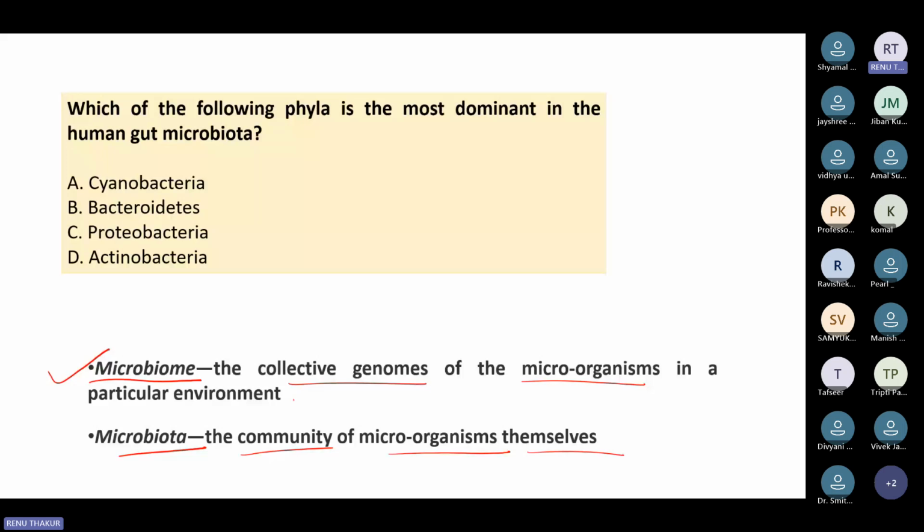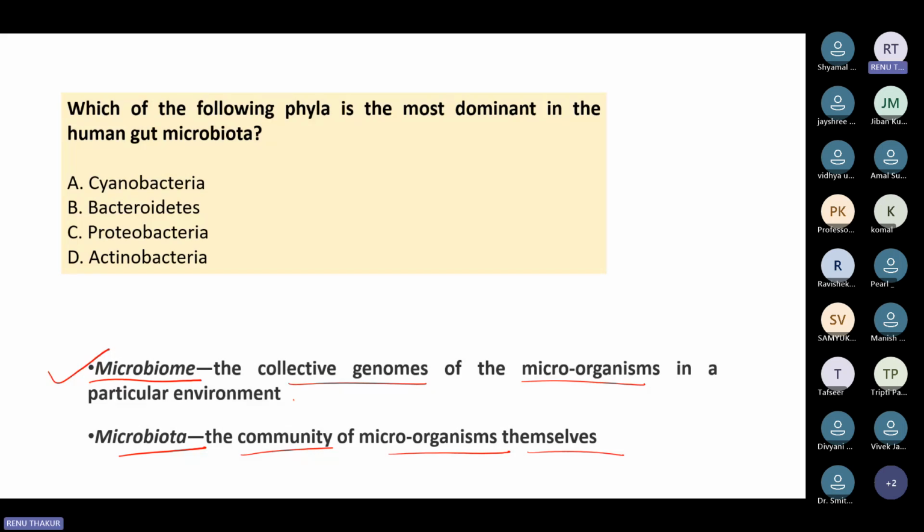For this reason I use microbiome microorganism to make it clearer. Microbiota means the community of microorganisms. If you have to talk about the microorganisms, you will use the term microbiota. And if you are referring to the genome of the microorganisms, then you will use microbiome. Like genomics: microorganism plus genomics, microbiome.